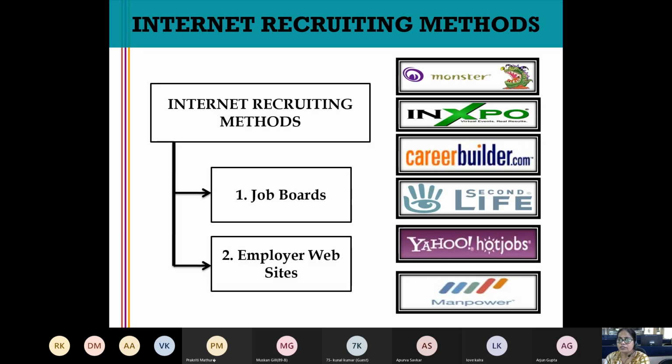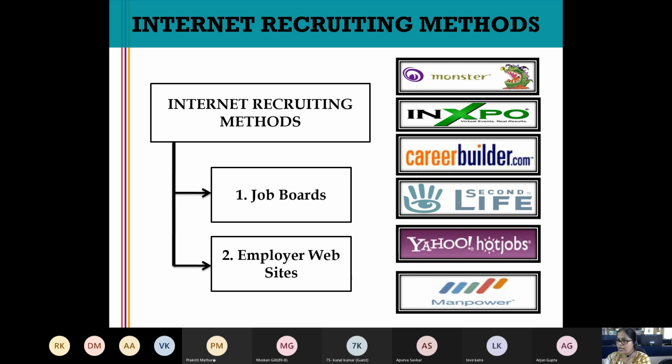Now, internal recruiting methods: you have job boards like various companies such as Career Builders, Second Life, Yahoo, Hot Jobs, etc. They all are job boards, Naukri.com, Job.com, etc. And the employer may have their own website where they post their vacant posts.